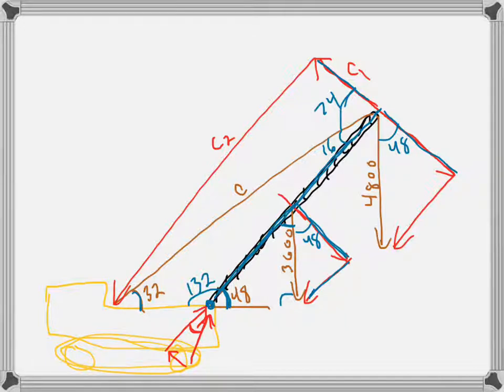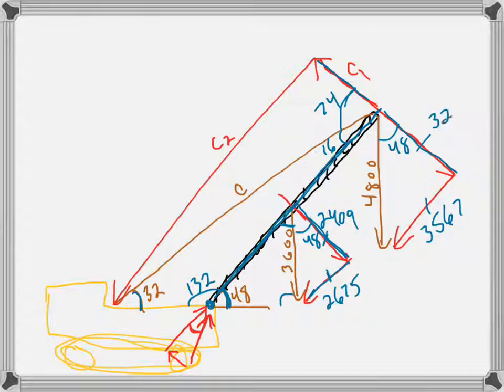And we can do that pretty easily. This one here would be 3,600 sine of 48. That's 2675. This side here would be 3,600 cosine of 48. That's 2409. You should check these. This side here is 4,800 sine of 48. That's 3567. And this side here would be 4,800 cosine of 48.